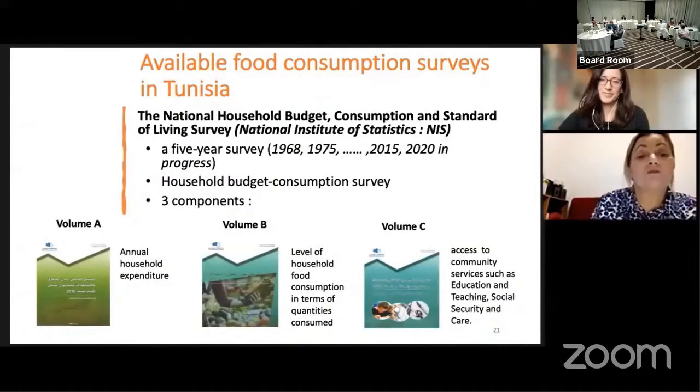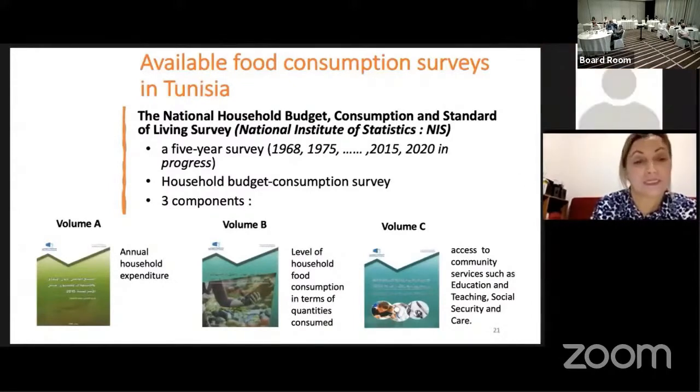In Tunisia, we have a national food consumption survey, which is part of the national household budget consumption and standard of living survey realized by our National Institute of Statistics. This national household survey was initiated in 1968 and became a 5-year survey.